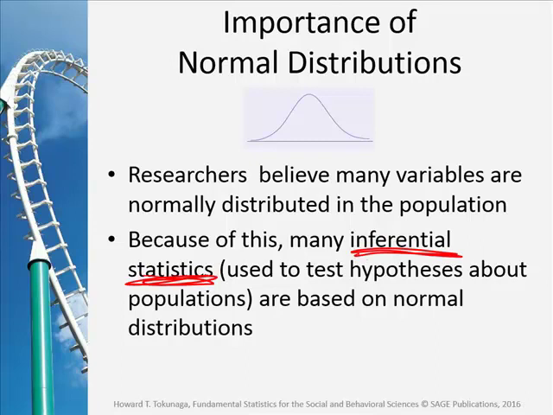We are taking data that we have, our sample, analyzing it based upon our theories of the population and how the population should be shaped, and making decisions based upon those distributions and those results.